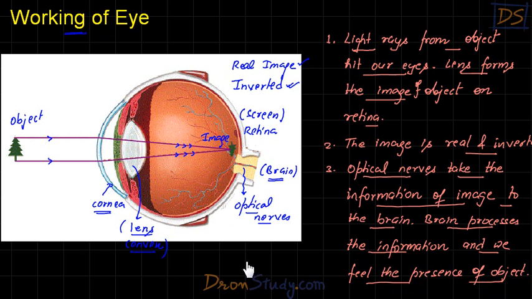We'll see the entire working in more detail also, but this is the basic working. That there is an object, light rays from that object hit the lens and form an image on the retina. Then these optical nerves take this information to the brain. Then the brain can do a lot of things, due to which we feel that okay, there is an object in front of us and we see the object.